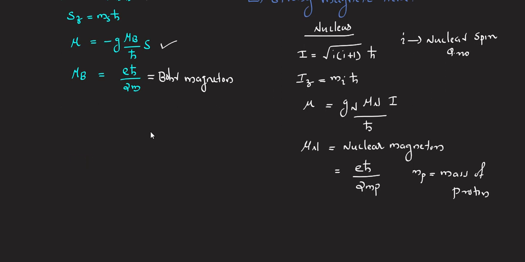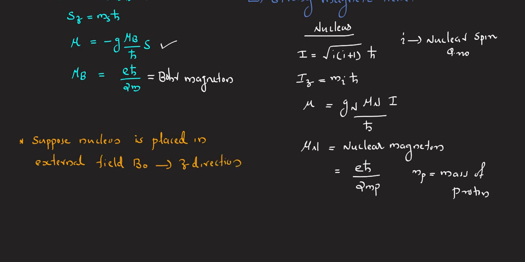Suppose a nucleus is placed in an external magnetic field, B0, in the z direction. Now we can write this in this way.